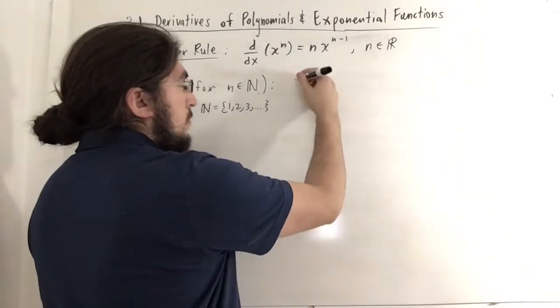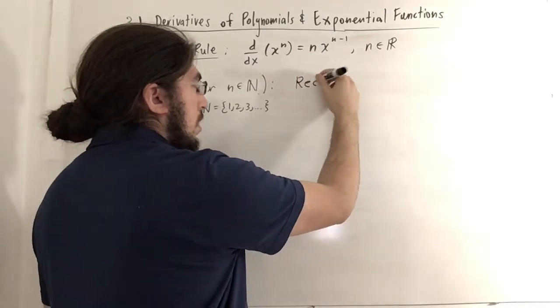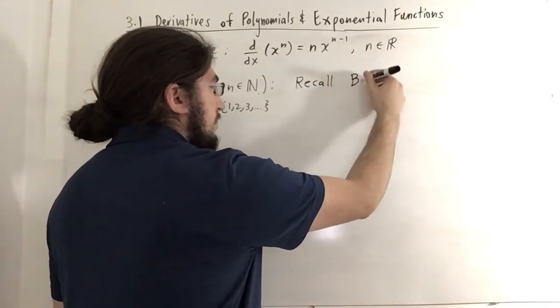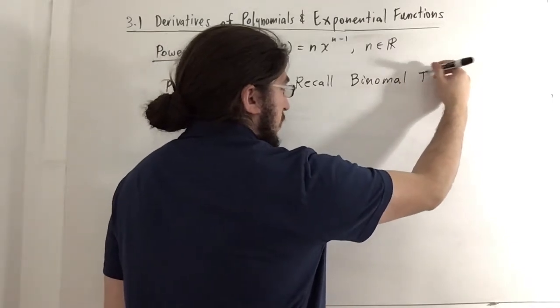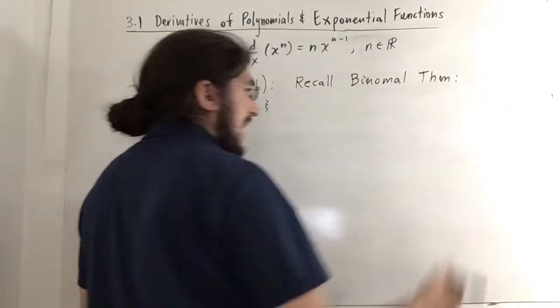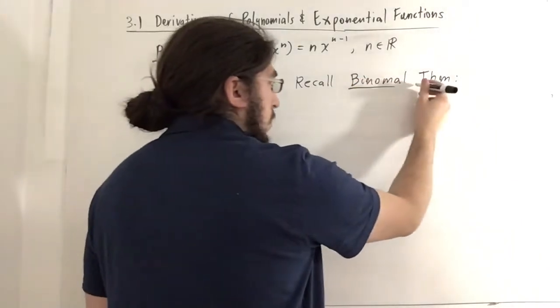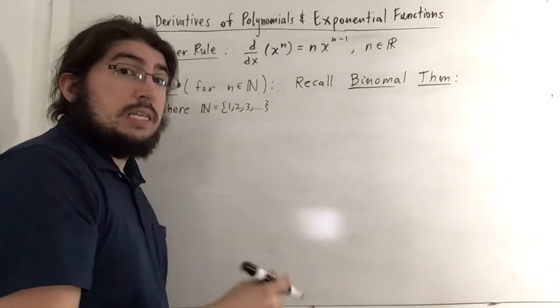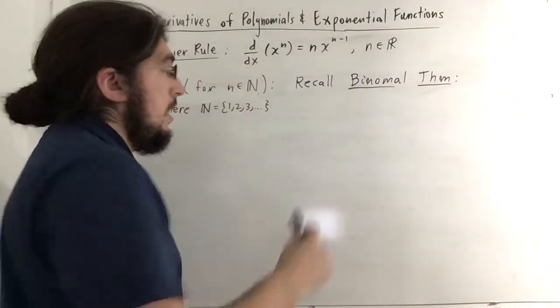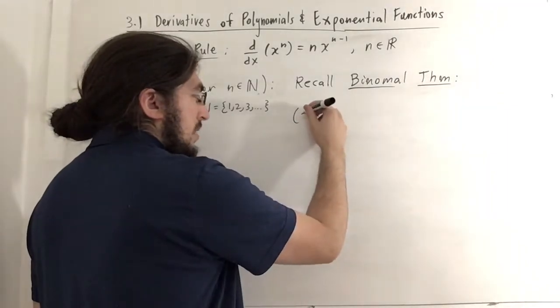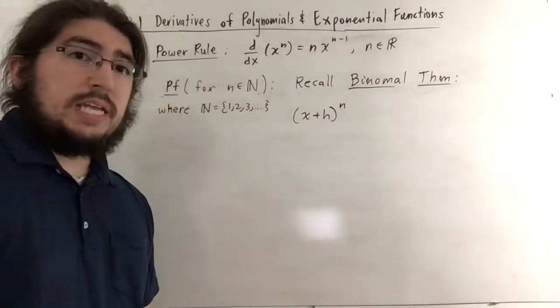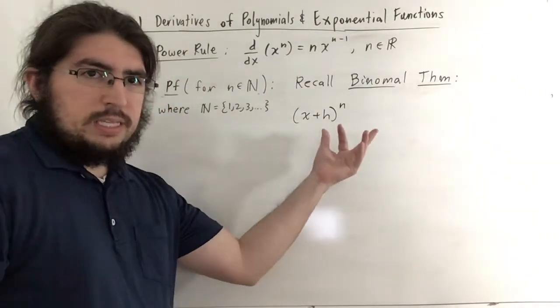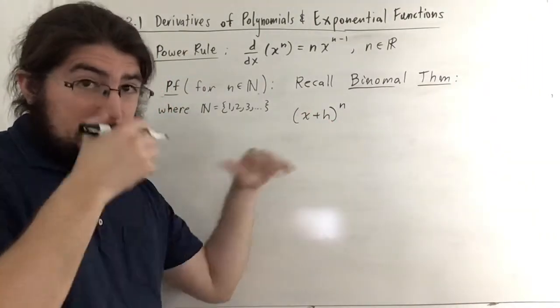Now, in order to begin this proof, I first need us to recall the binomial theorem. I'm not going to write out the binomial theorem exactly, but I'll at least say what part of the binomial theorem says, at least for what we need. In the context of what we're trying to prove, we want to expand out x plus h to the n. And you'll see that this comes from the difference quotient, so that's why we need this.